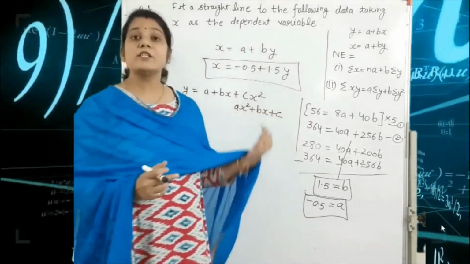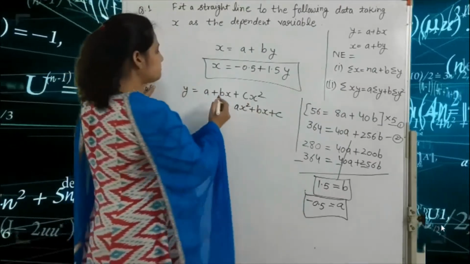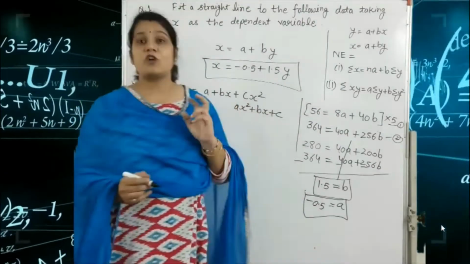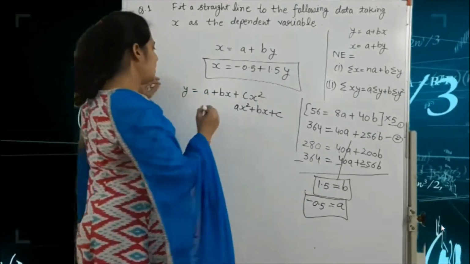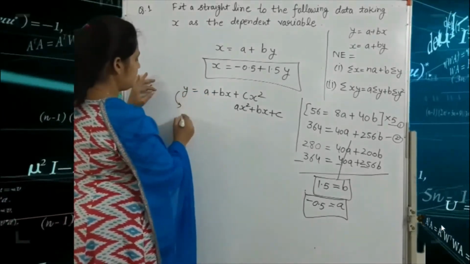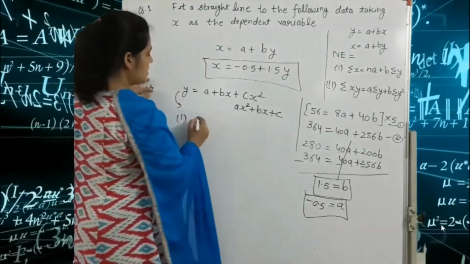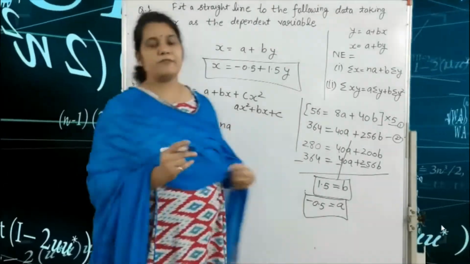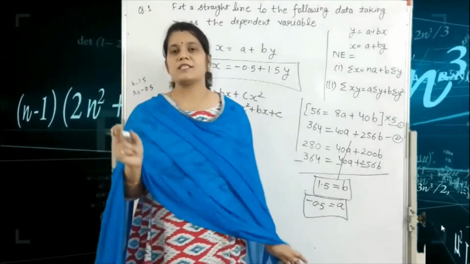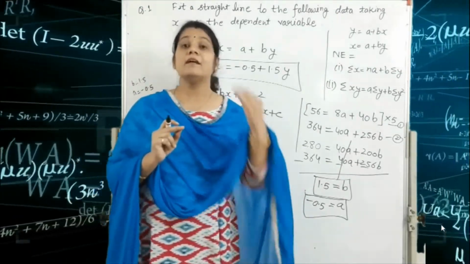So what is the normal equation of this equation? Here we have three constants, three unknowns, so we have three normal equations. According to this, our first normal equation is what? Summation y is equal to na, because if the constant is alone, we first multiply by the number of terms n.